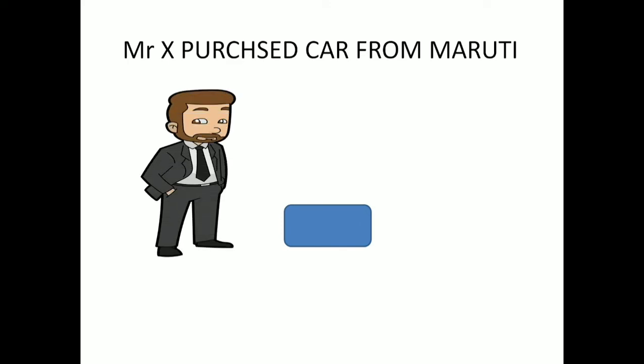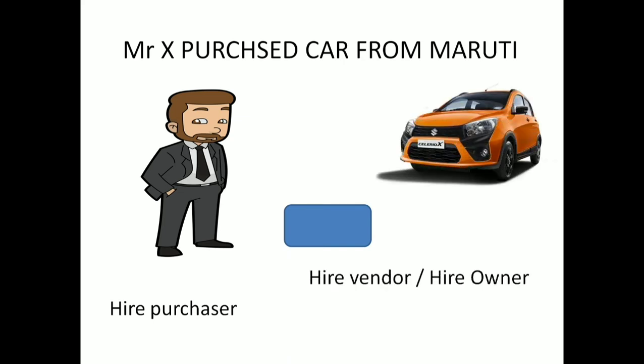So let us see an example. Mr. X purchased a car from Maruti. Mr. X is the hire purchaser, Maruti is the hire vendor or hire owner, and in between there will be financing parties. So financial assistance from financial institutions is also there in case of a hire purchase system.